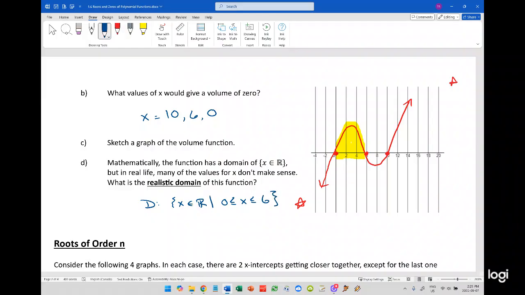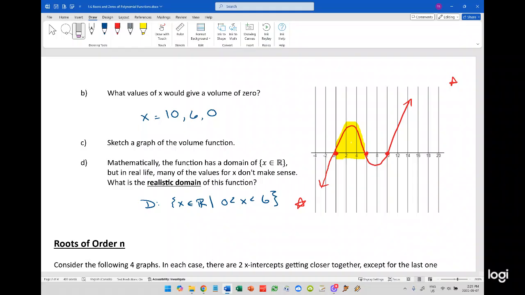Now, I should actually back up a second. X could be 0, but that would give me a volume of 0. And x could be 6, but that also gives me a volume of 0. Basically, I'm just taking a piece of paper and folding it in half. I think I should make these so that they're strictly between 0 and 6.